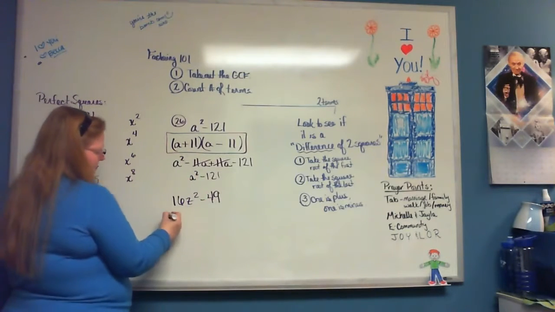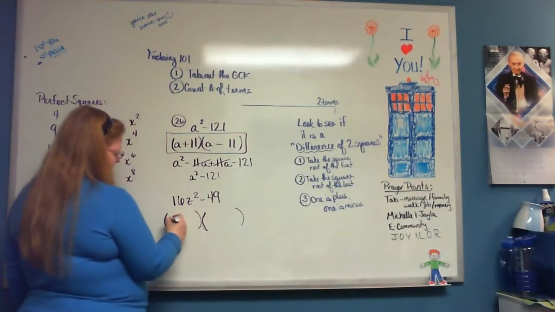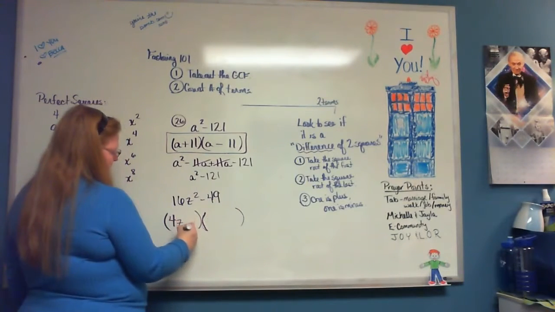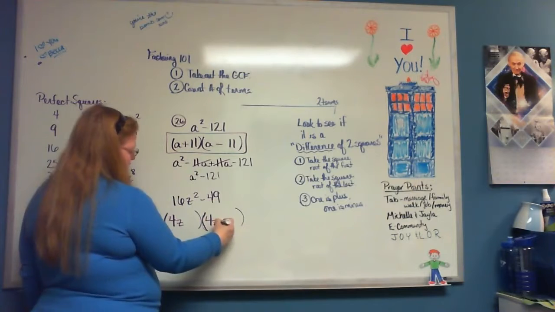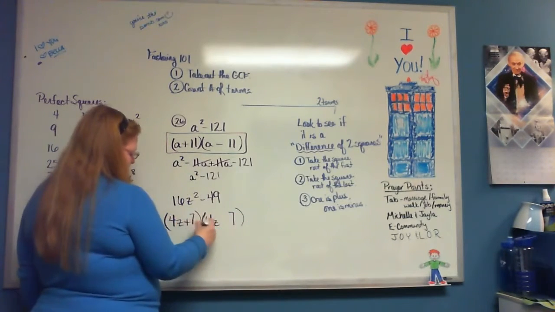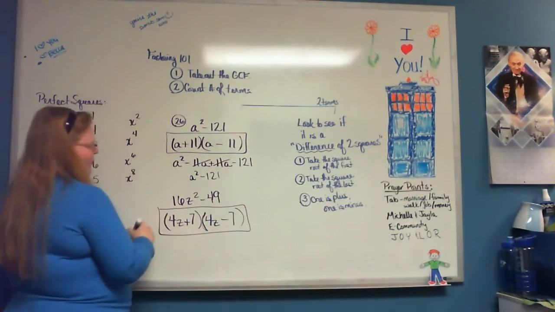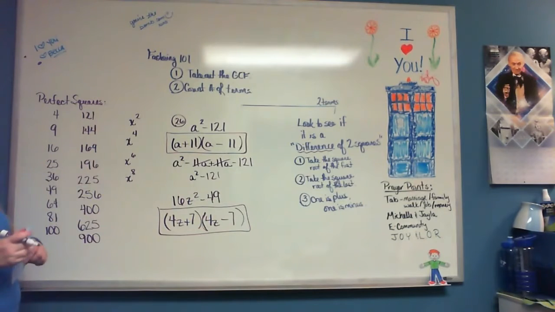Take the square root of the first one. That's 4z and 4z. Square root of the last one, that's 7 and 7. One's always a plus, one's always a minus. So it doesn't matter which one's which. You know that.